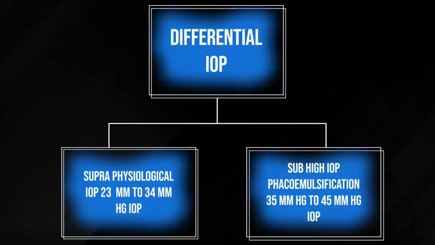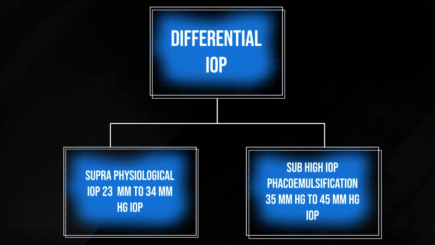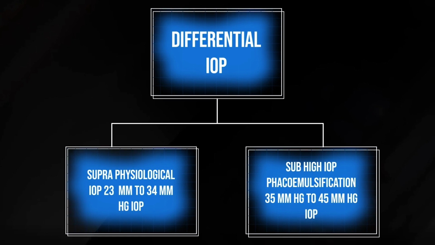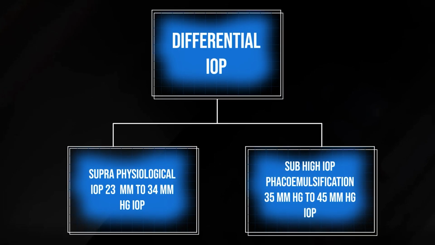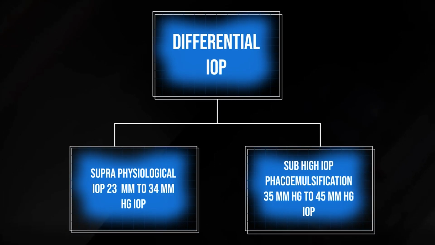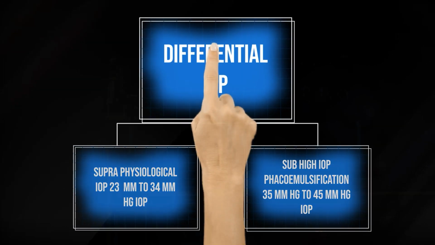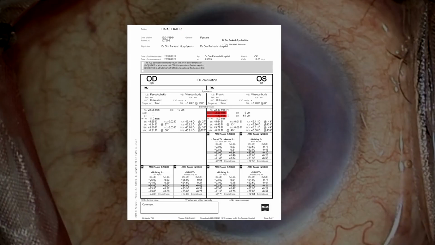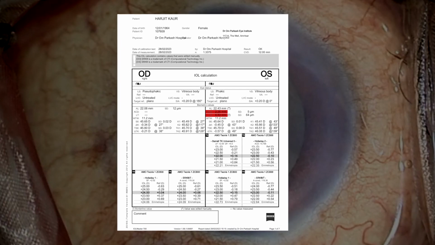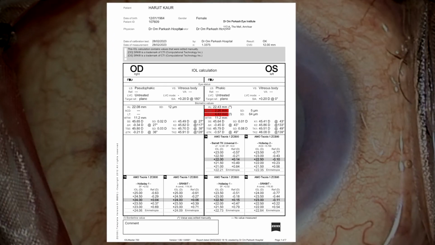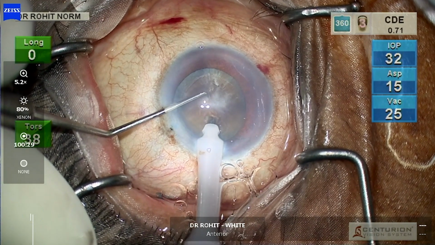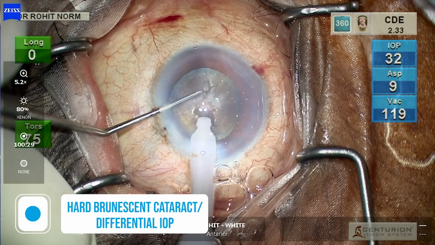We build a Plan C of differential IOP phacoemulsification, a combination of supraphysiological and sub-high IOP phacoemulsification. I will use differential settings in hard cataract with increased anterior-posterior diameter and low anterior chamber depth. While sculpting, supraphysiological settings are used.